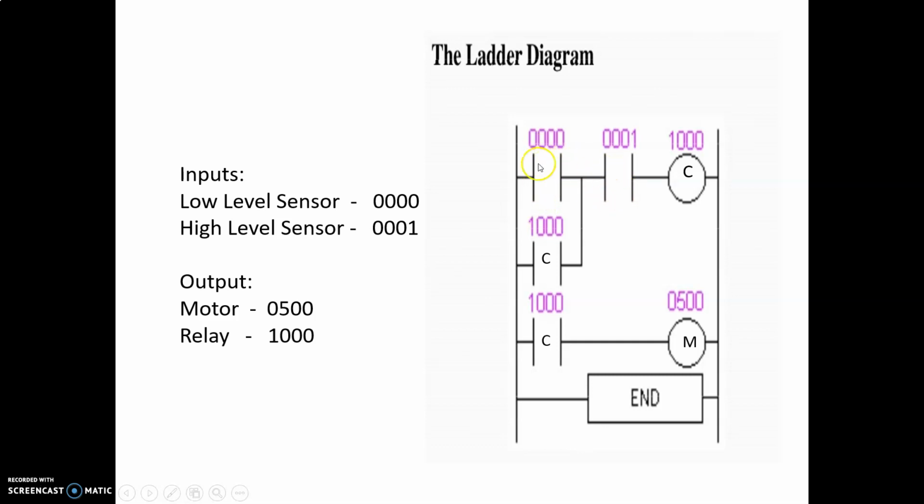Both the inputs are connected here. After the input, we have shown an output, and that output is shown as a symbol C here. What does C stand for? C stands for the relay coil. It is given by the symbol 1000, right?